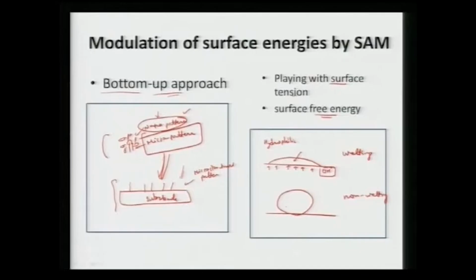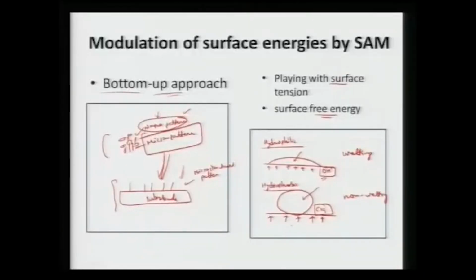But in another case, if you take a methyl group, then the methyl group will try to repel water, and because of that it can give much more non-wetting or hydrophobicity. So, we can see that methyl can have a hydrophobic nature, and this alcohol OH minus can have much more hydrophilicity. So, if we play with the surface tension or surface energy, we can impart a very different functionality to the surface.